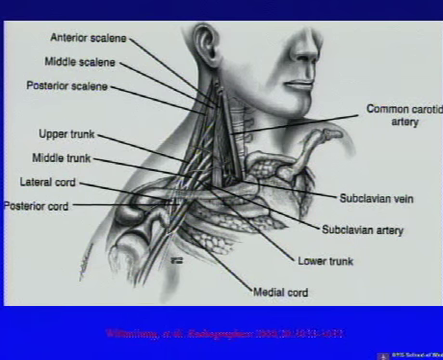This is a diagram which demonstrates the brachial plexus coursing from the neck through the scalene muscle into the supraclavicular fossa, then coursing under the clavicle, and then going in the infraclavicular fossa out into the axilla. And you can notice from this diagram that this has somewhat of an oblique orientation, and that's why the sagittal oblique may be beneficial in really looking at the course of the brachial plexus.